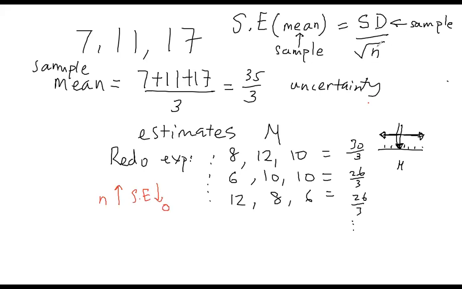When n is large, for example, if you take a large sample size and keep on adding data, then your sample mean fluctuation will be very small.